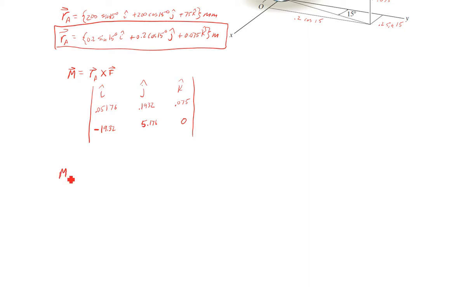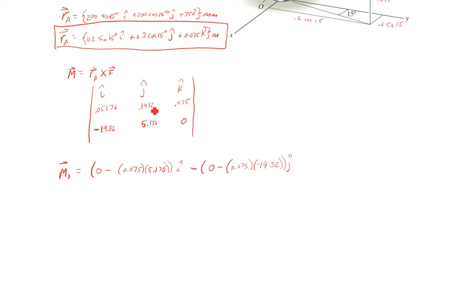So MO equals R cross this F, right? So we're going to have 0.1932 times 0 minus 0 minus, we're going to get 0.075 times 5.176. That's an I. And then we're going to have the negative sign here for the J, so we're going to cover up our J row. We're going to cross 0 times that, so we're going to get 0 minus, now we have this direction, 0.075 times negative 19.32.